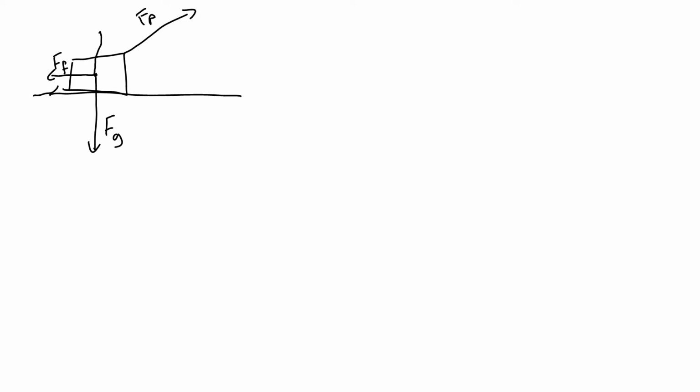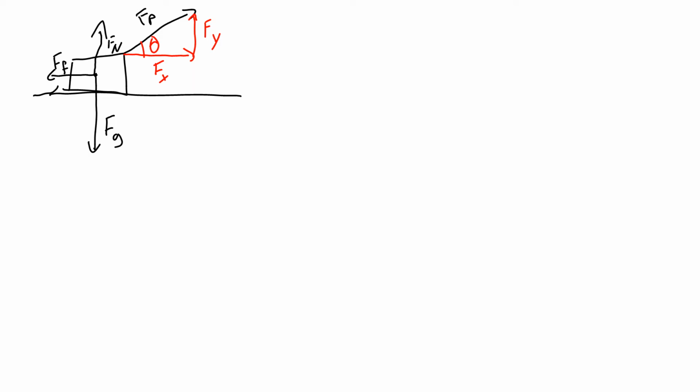For reasons I'll explain in a second, I'm going to draw the normal force a little shorter than gravity. And I'm going to do the pulling force in red, since it's at an angle of theta, split into Fx and Fy again. It's going to be moving to the right.